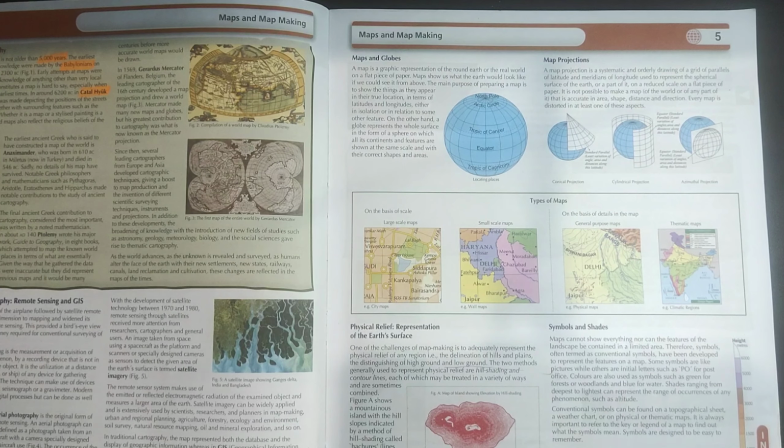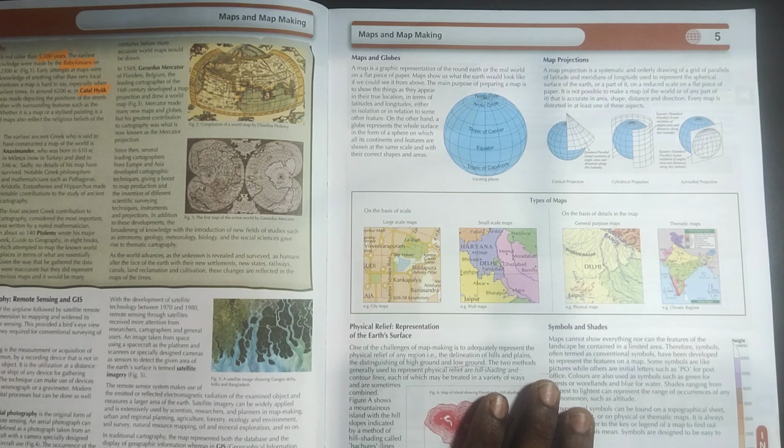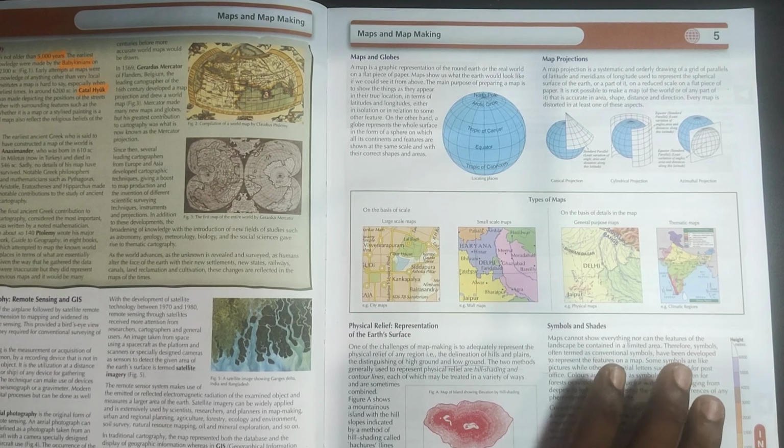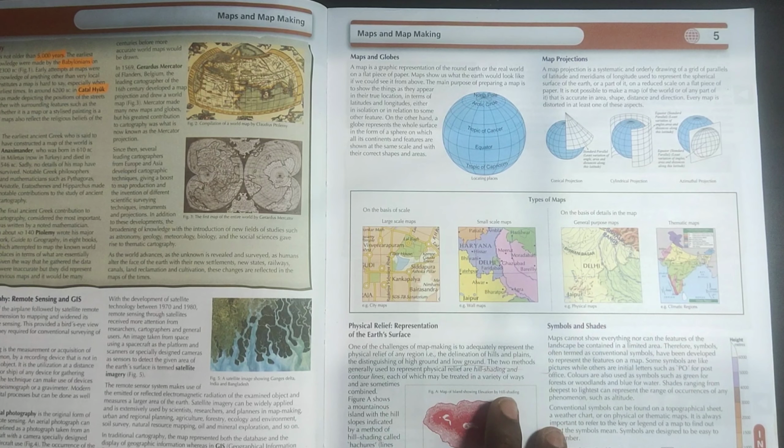And then it is followed by the physical representation of the surface of the earth. So how the surface and continental surface has been projected, or physically represented in the globe, in the atlas, is given here.